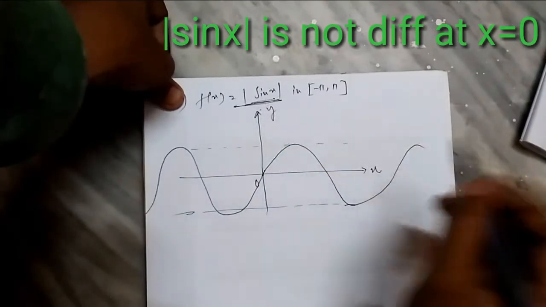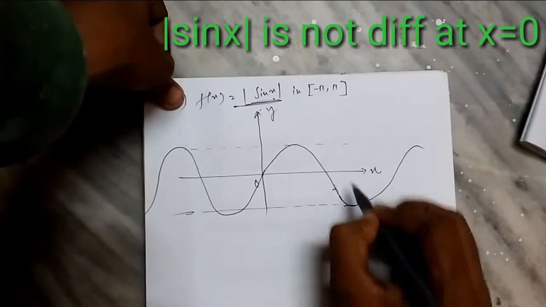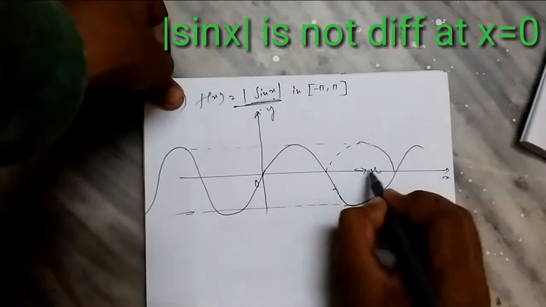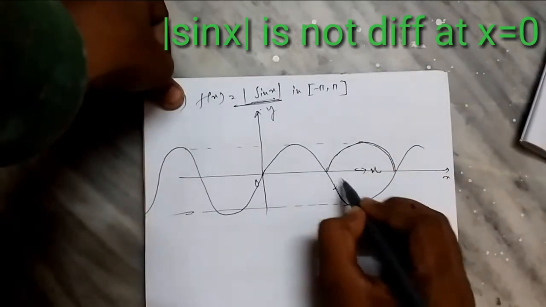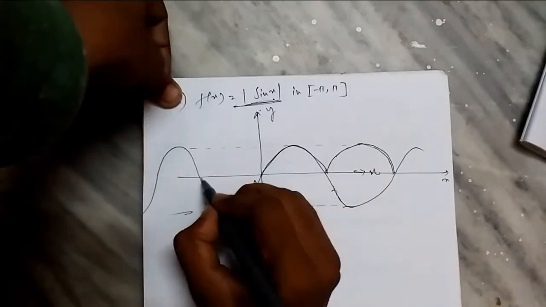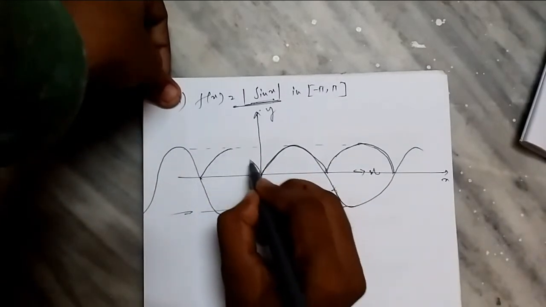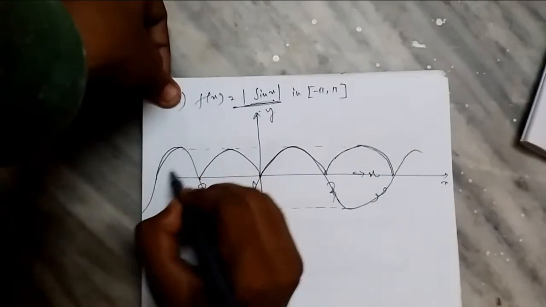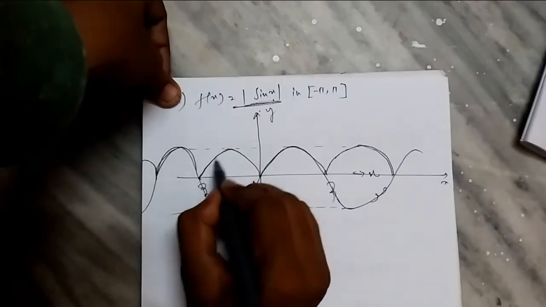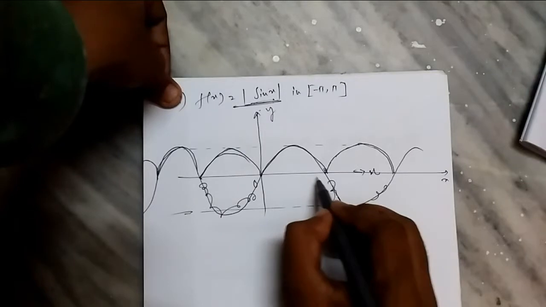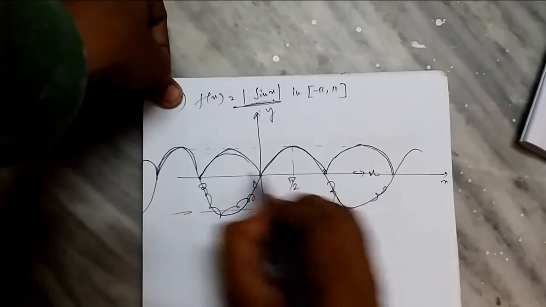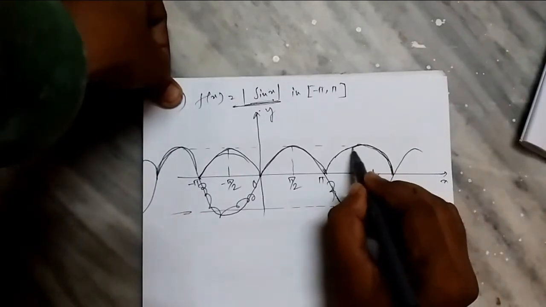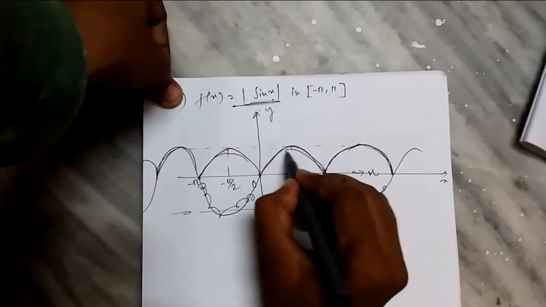That means every value is positive, so this will be the original figure and this will be the reflection. So the mod sin x curve will be in this way, where this is 0, this is pi by 2, this is minus pi by 2, this is minus pi, and this is pi. So the mod sin x curve is in this figure.